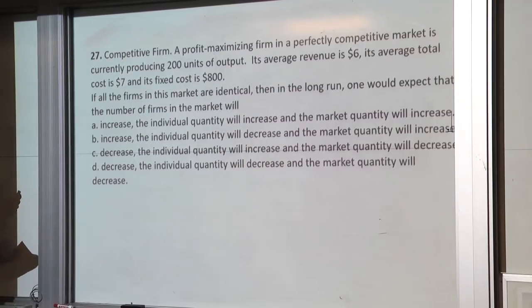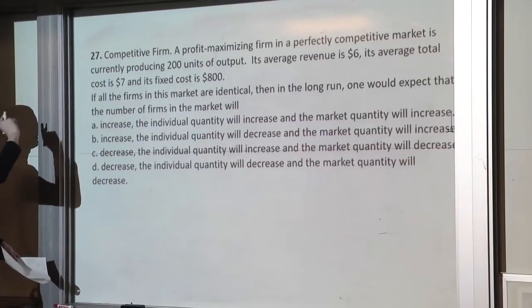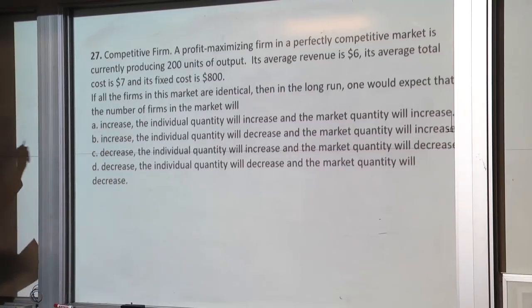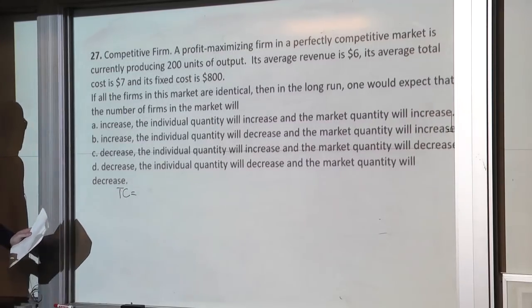If all the firms in the market are identical, then in the long run one would expect, so let's try to analyze this market graphically, okay? And we have all these costs. And also, let's think of an equation that relates these things. So we know that total cost equals what plus what?